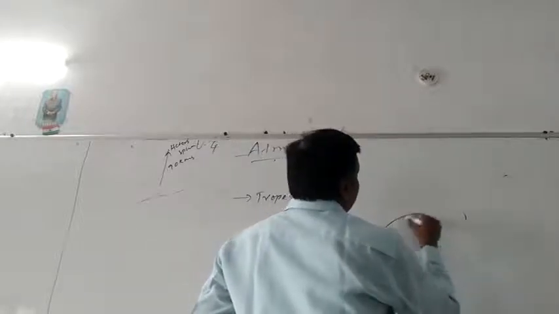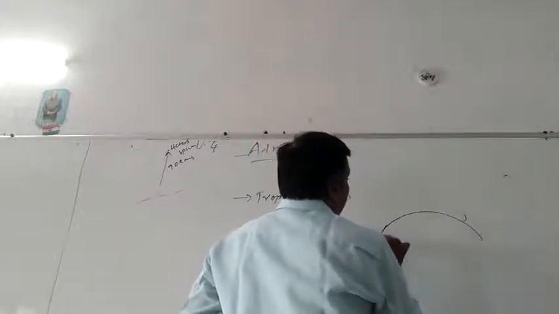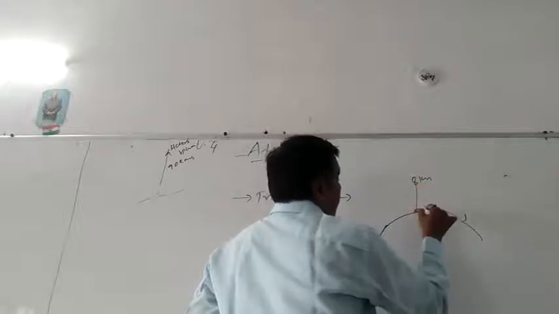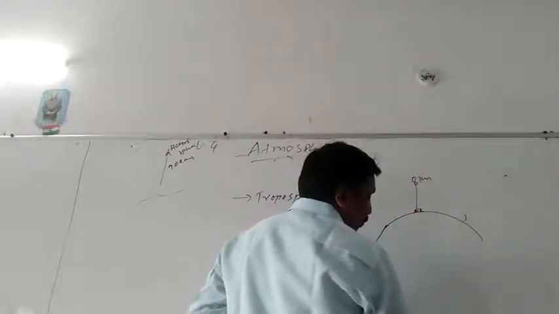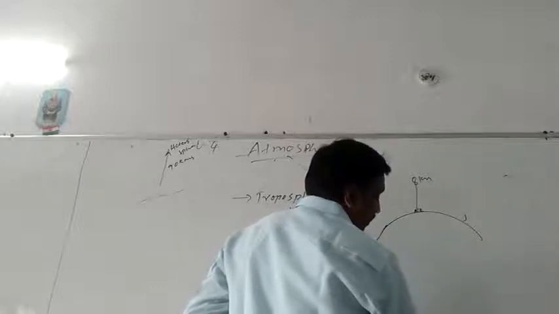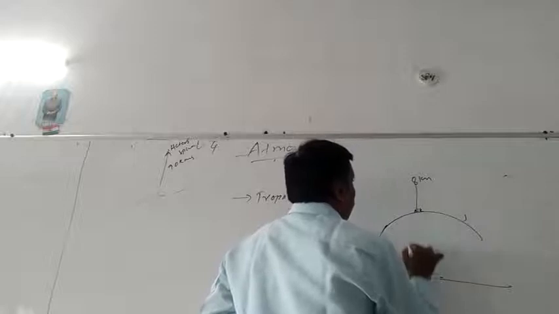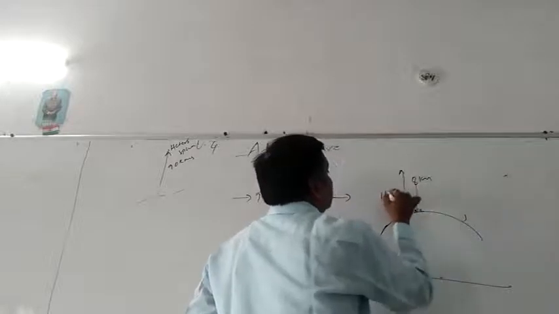Why are we saying 13 kilometers average? From the poles, it will be 8 kilometers only, the north pole or down in the south pole, 8 kilometers only. But from the equator, you have to travel 18 kilometers to touch the troposphere.